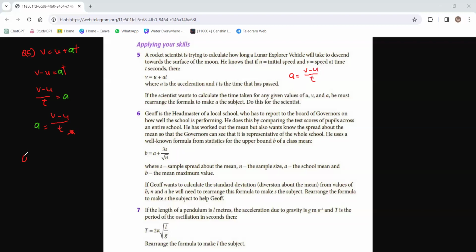Okay, so question 6. Jeff is the headmaster of a local school who has to report to the board of the governors on how well the school is performing. He does this by comparing the test scores of pupils across the entire school. He has worked out the mean, but also wants to know the spread about the mean so that the governors can see that it is representative of the whole school.